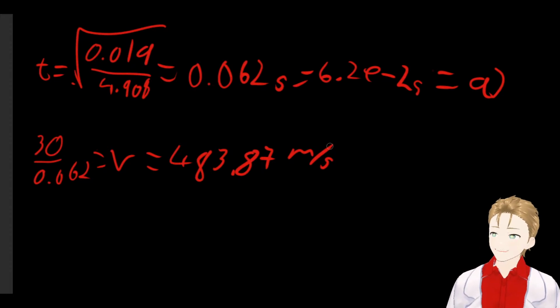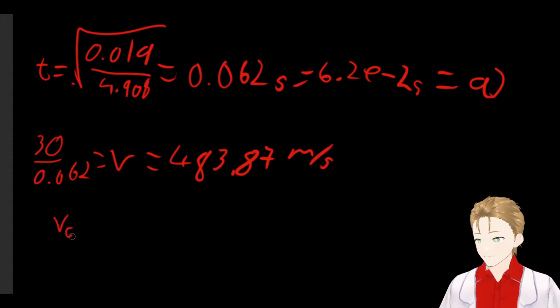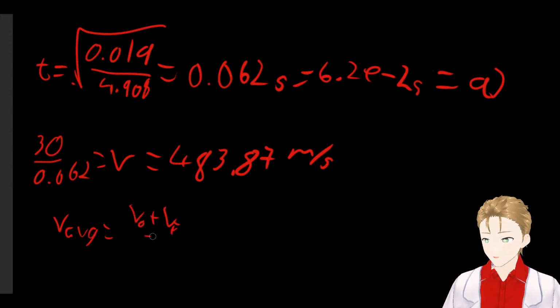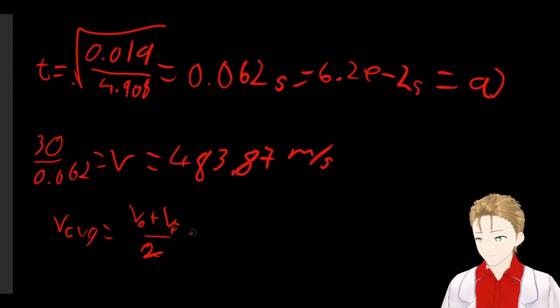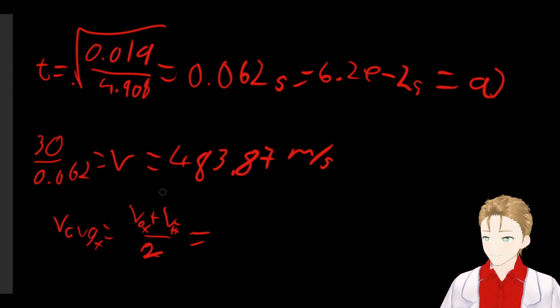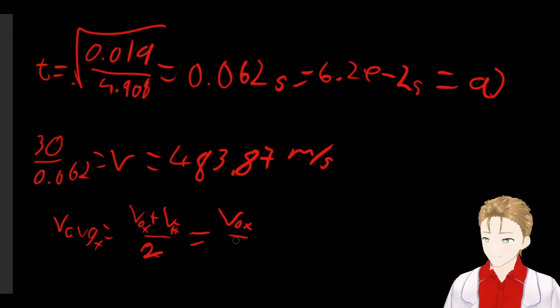No, the kinematic formula I don't. What if I look at the V average, which is just V0 plus VF over 2, or in the x direction? So this gives us V0x over 2.